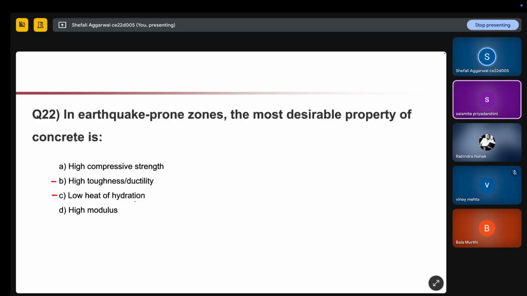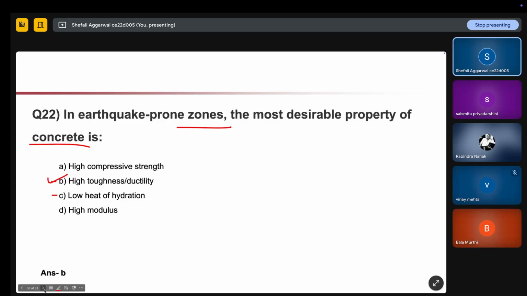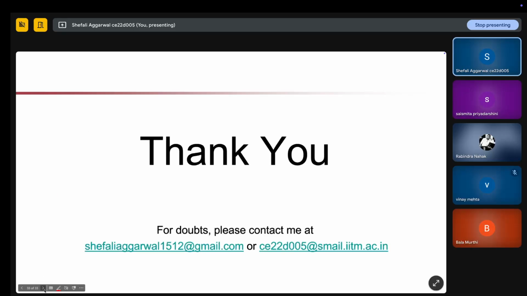So if we talk about the desirable property of concrete in an earthquake zone area, then we will talk about its hardened properties mostly. So we are not concerned about heat of hydration. If we talk about hardened properties, it should have higher toughness or higher ductility as compared to higher modulus. So B is the correct option.